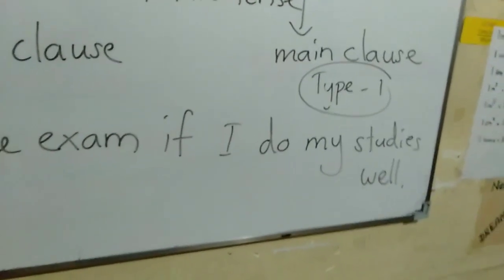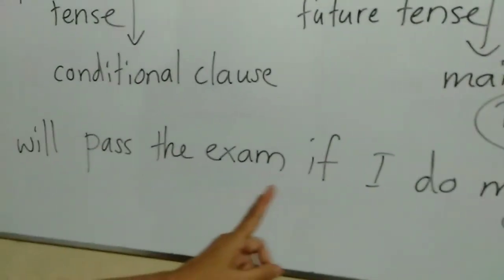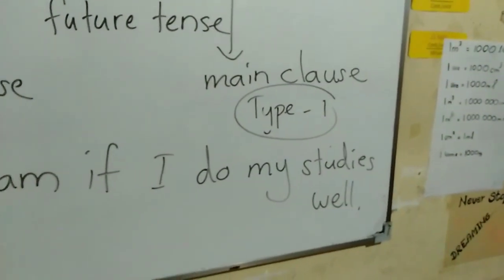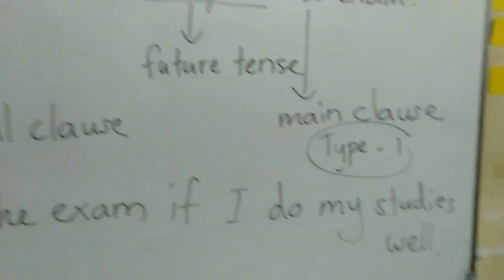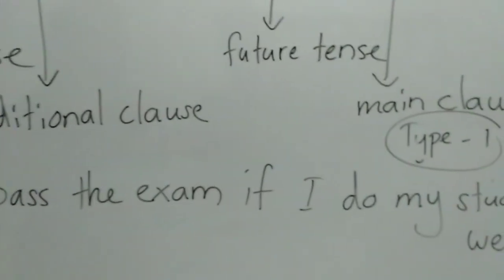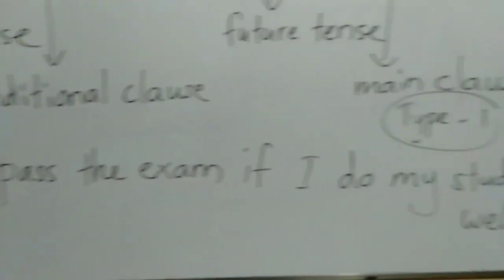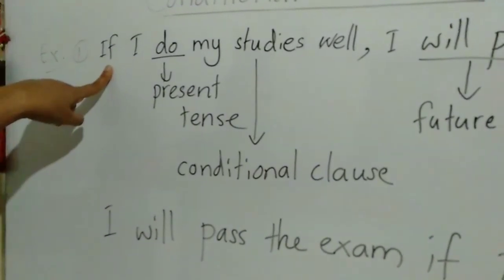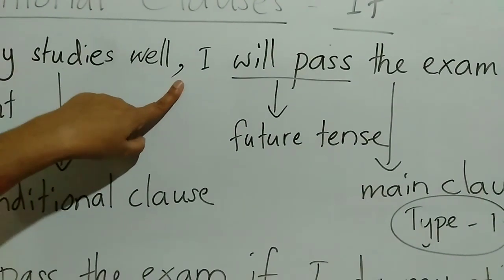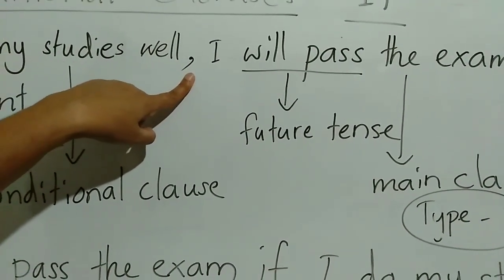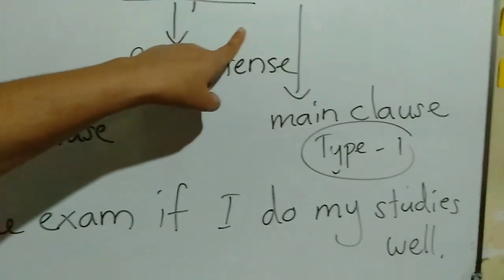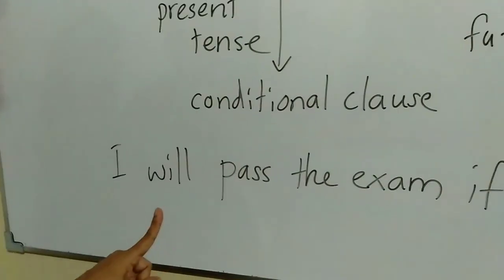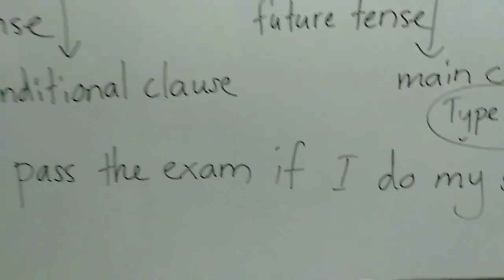You remember, in this way also we can write this. That is also correct, taking the main clause front. But here you want to remember the place where you have to put the comma. Whenever you take the if conditional clause to the front, only then you put the comma to separate it from the main clause. But whenever you take the main clause to the front, you don't need to put the comma to separate it.